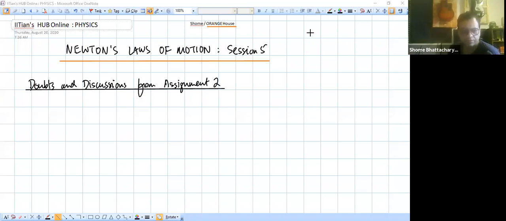Rudra and Shravani both asked from question number 4 onwards, but I will start with question number 2 because there's that question I want to discuss. So in question 2, what is happening is that we have a sphere or a cylinder or whatever that is like this.